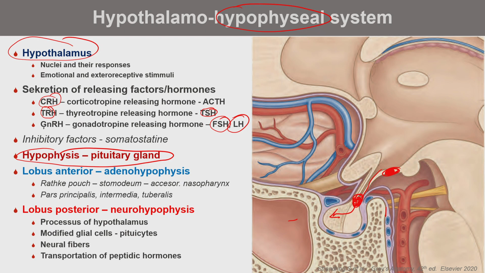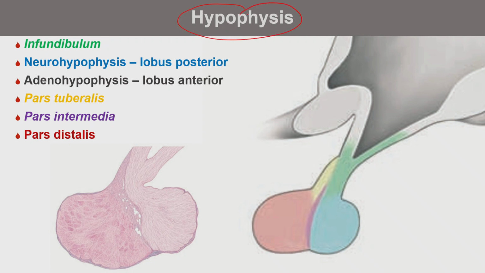So the hypothalamus then is integrating emotional and exteroceptive stimuli, emotional from the limbic system, and because of a very close relation to the optic pathway, the stimuli mainly from the visual system, and then they are able to transmit them to the production of hormones and then guiding the functions of inner organs or metabolism or other things, heartbeat and blood pressure, etc., etc. So the hypophysis, pituitary gland, is a key organ which is guiding the production of other hormones.